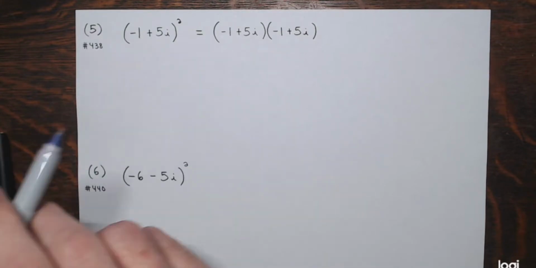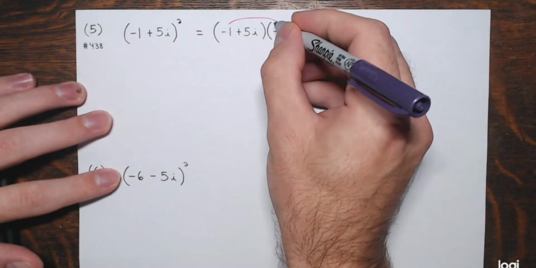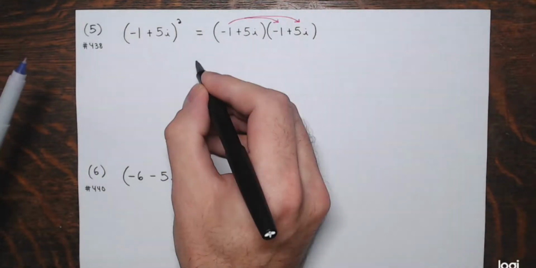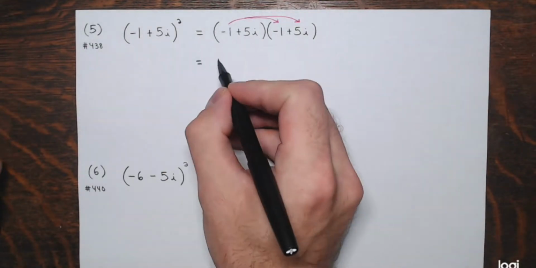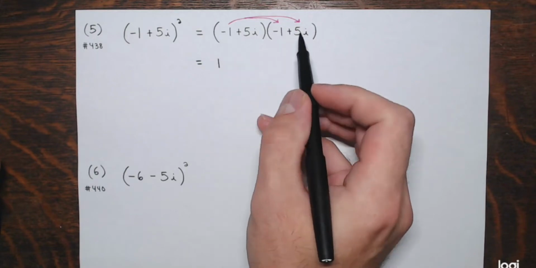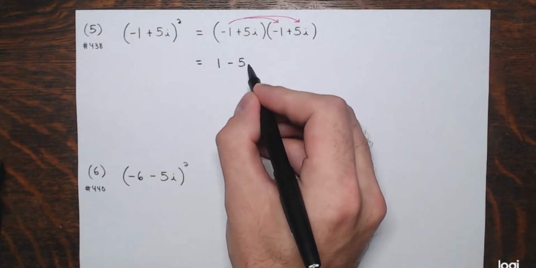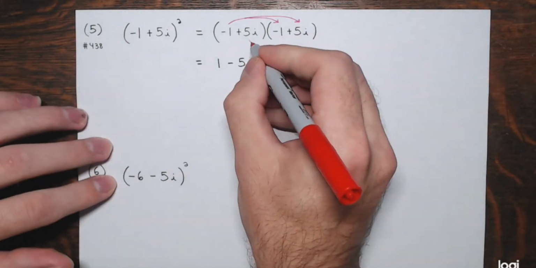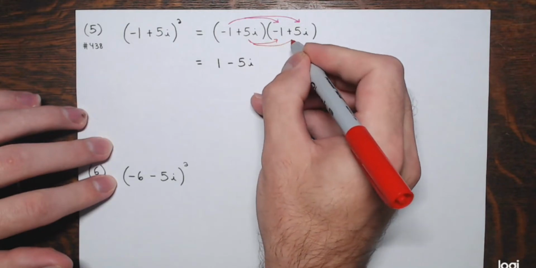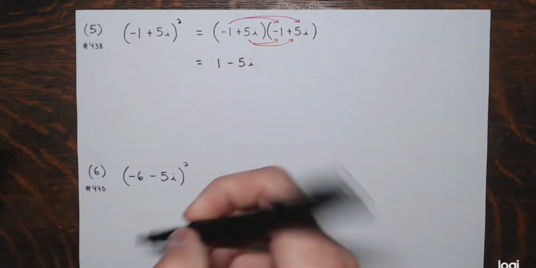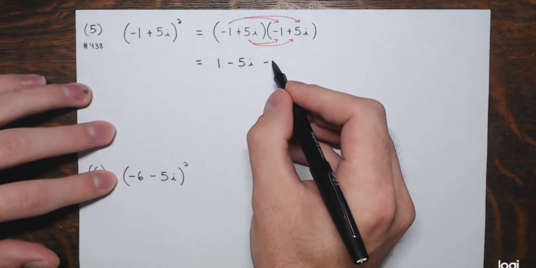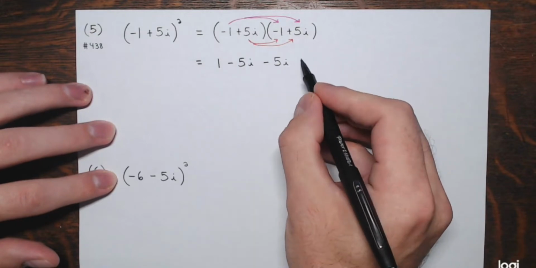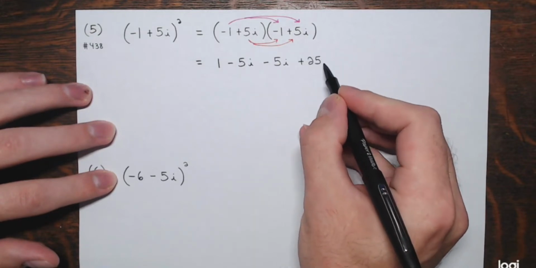So first I'll distribute the negative 1 to the negative 1 plus 5i. So we have negative 1 times negative 1, that's positive 1. Negative 1 times 5i is negative 5i. And then I distribute the 5i to the negative 1 plus 5i. 5i times negative 1 is, again, negative 5i. 5i times 5i is 25i squared, plus 25i squared.